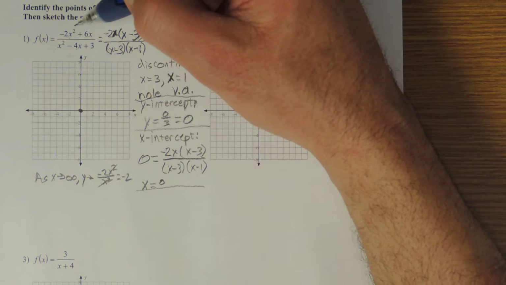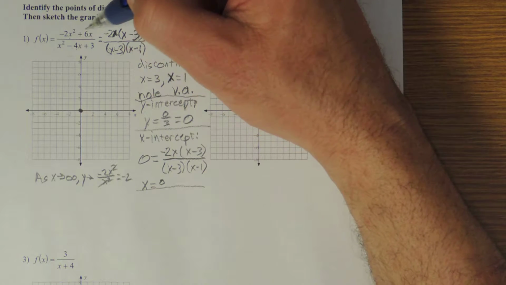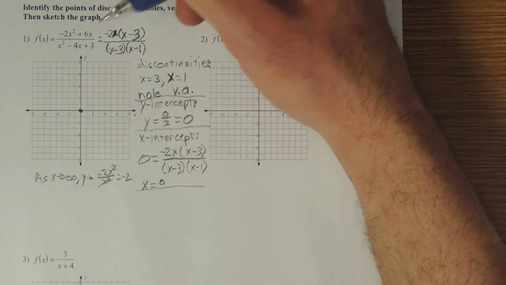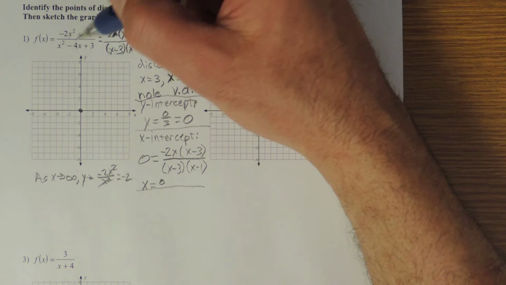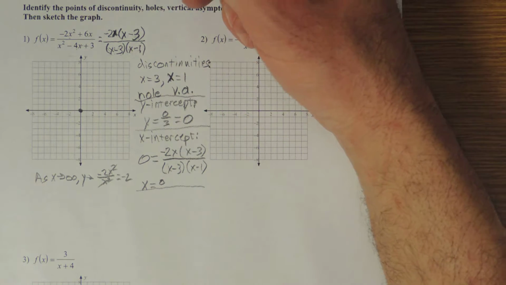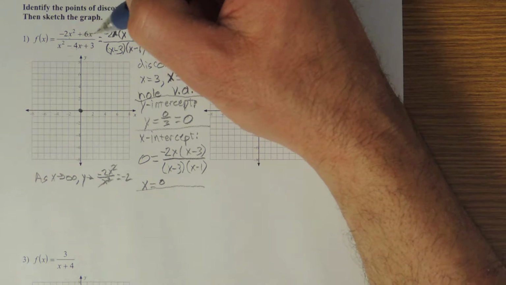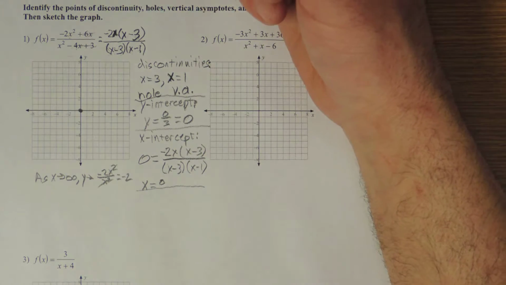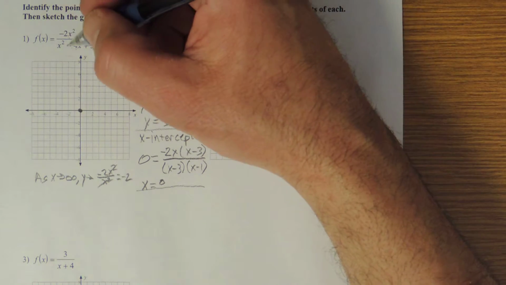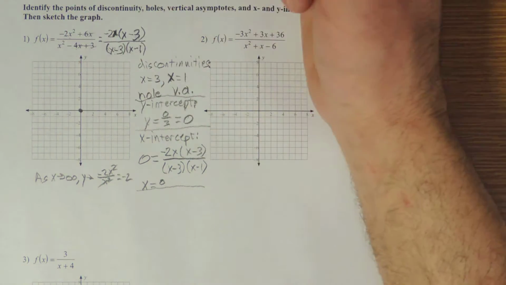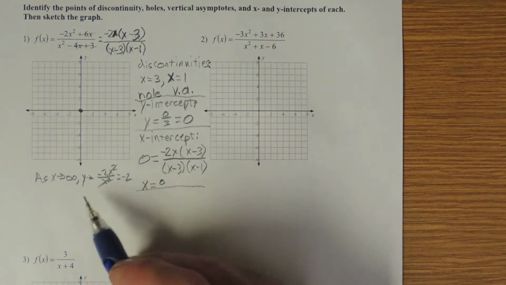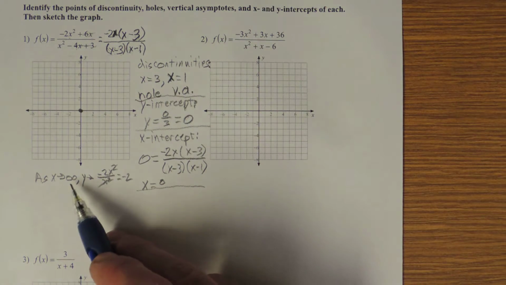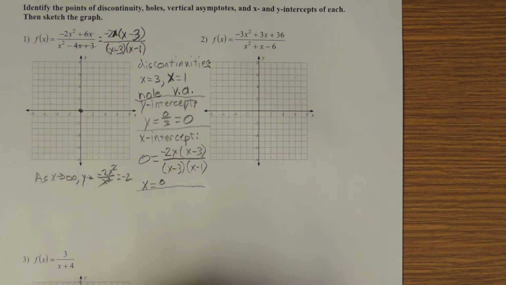I can look at my standard form as well. I can say that x squared, when x is very large, is going to be much larger than 6x. In the denominator, x squared is going to be much larger than negative 4x. I can ignore these terms when I'm talking about my end behavior, and I get negative 2x squared over x squared. They cancel. At any rate, as x approaches infinity, y approaches negative 2.